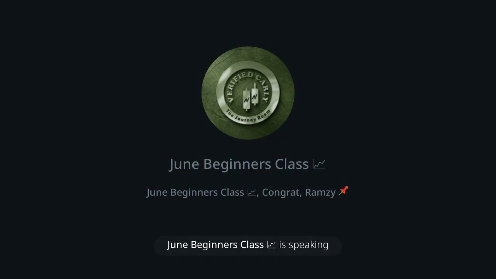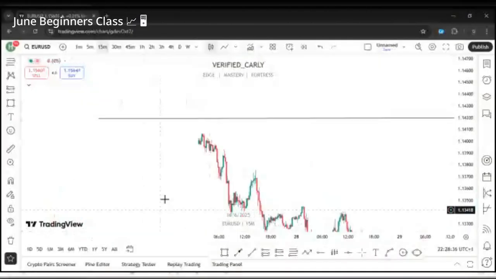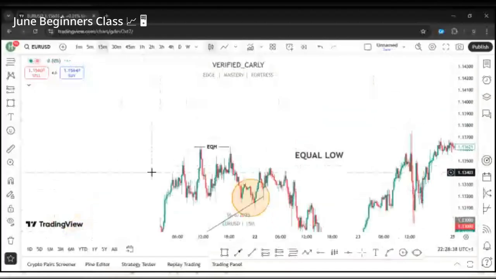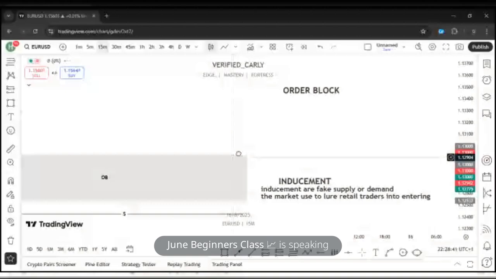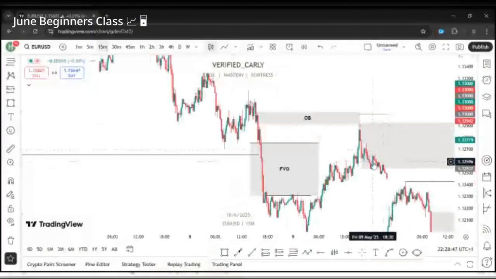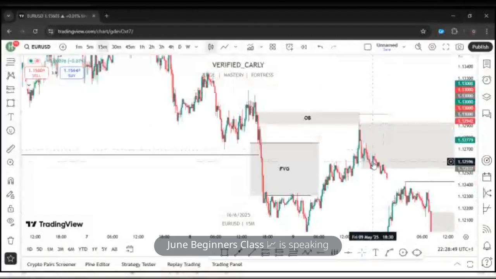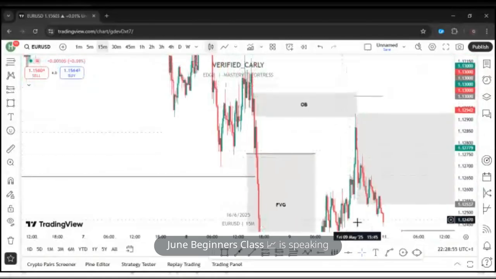Let me go back to that zone. Yeah, this is the zone right here. As I said, there must be liquidity within your point of interest.